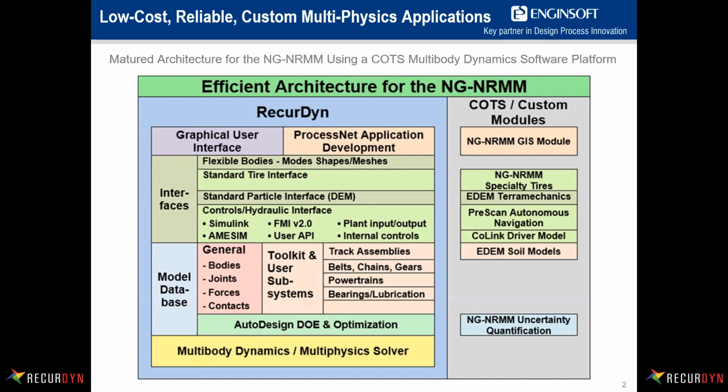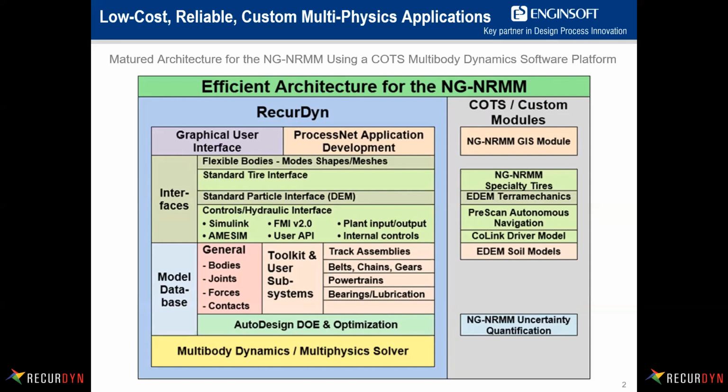That can be used to model different aspects of the vehicle system. NRMM was not doing that before, so that's a new enhanced capability, and it can be done within the standard RecurDyn tool set.